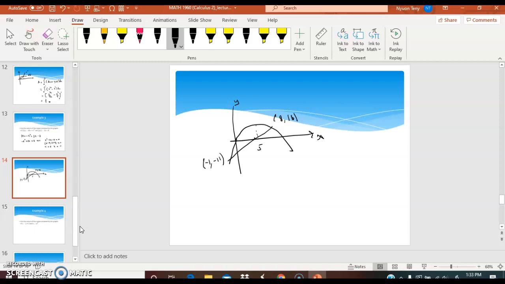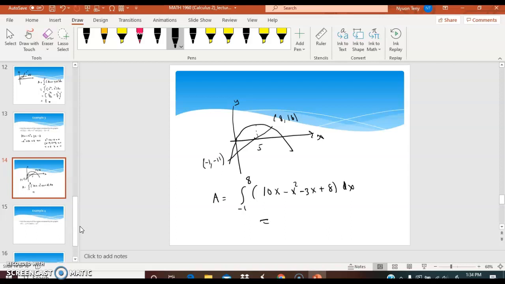So the integral is going to be like this: the integral from -1 to 8 of f of x, the function that is above, which is 10x minus x squared, minus 3x minus 8, dx.